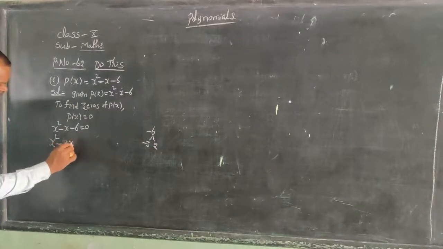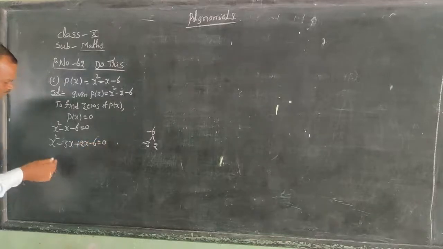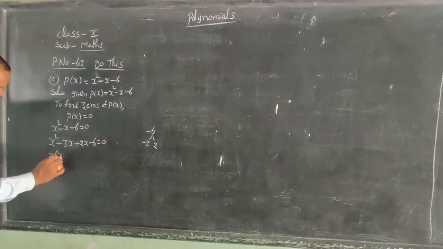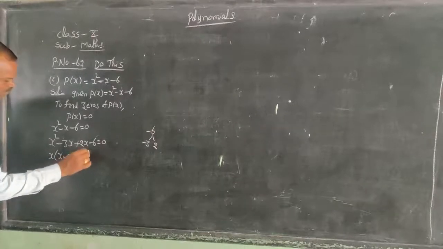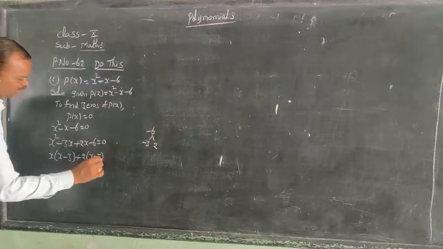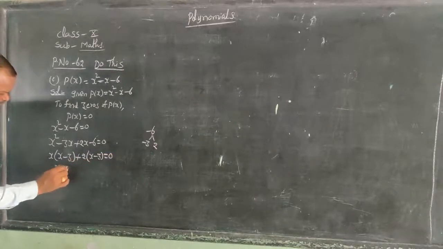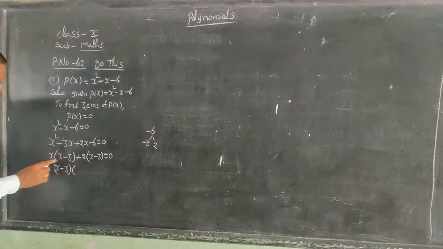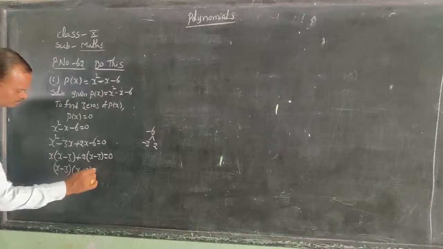x square minus 3x plus 2x minus 6 is equal to 0. Taking x common, we get x minus 3, and from the next two terms, taking 2 common, we get x minus 3 is equal to 0. Taking x minus 3 common, the other factor is x plus 2.